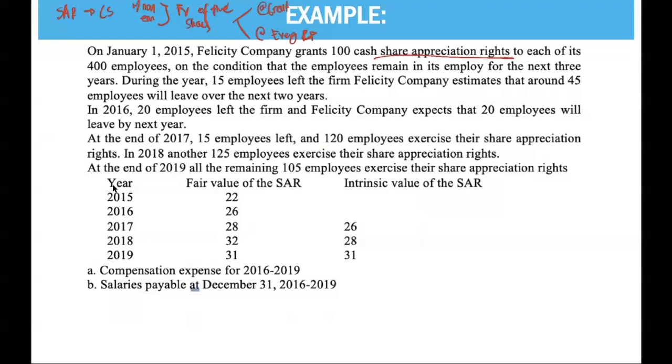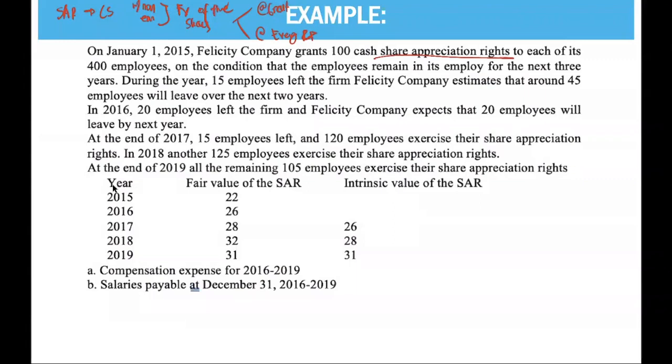Okay, so in your share appreciation rights, generally, what we account for here is first the value of your share appreciation, and then in case there is share appreciation, we need to deduct it from the amount of your compensation expense. So how do we compute for your share appreciation?